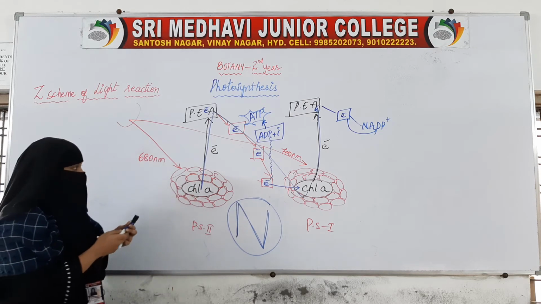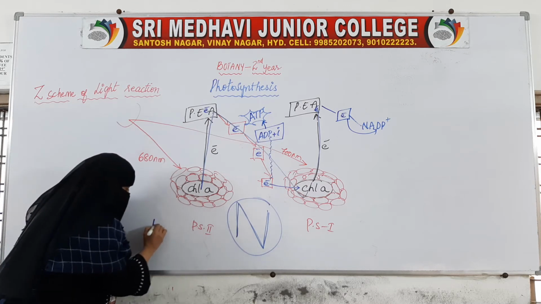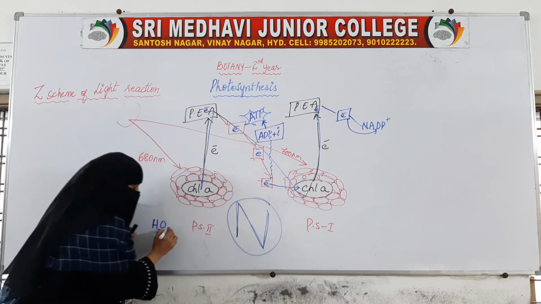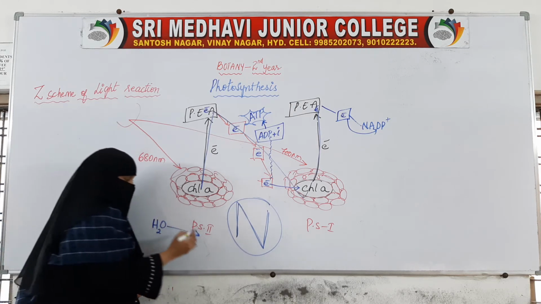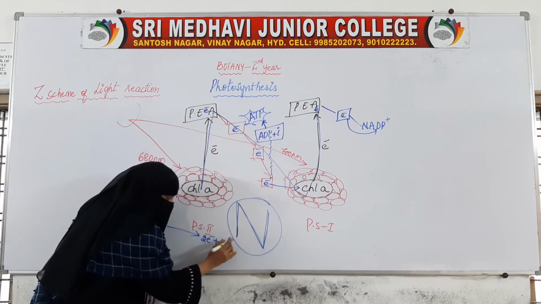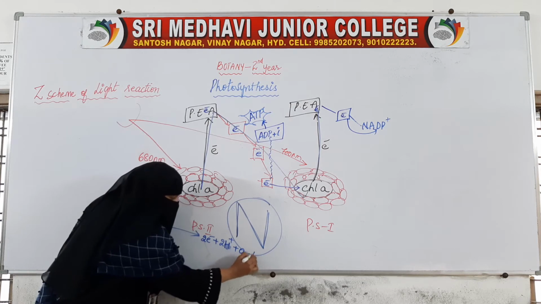So what happens is, when it takes energy from the sun, water is there. The water molecule will split up into 2 electrons plus a pair of protons plus an oxygen atom.